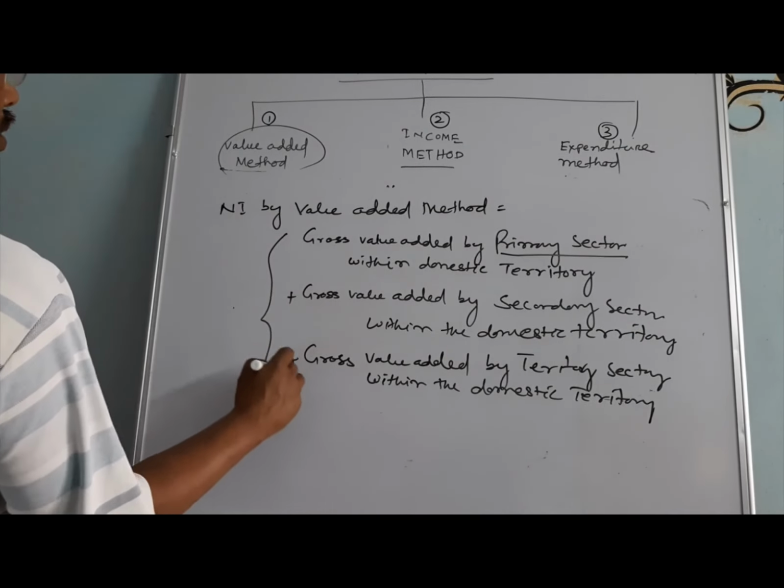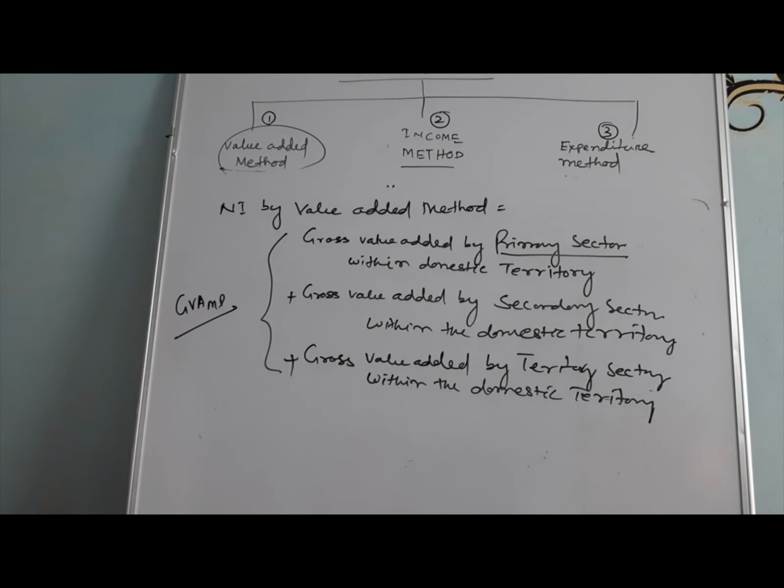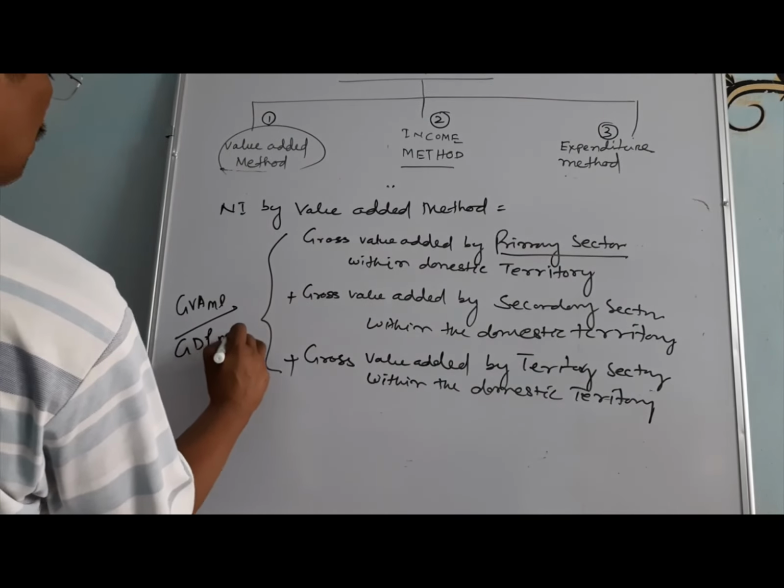These three together are called the gross value added at market price, or the gross domestic product at market price.